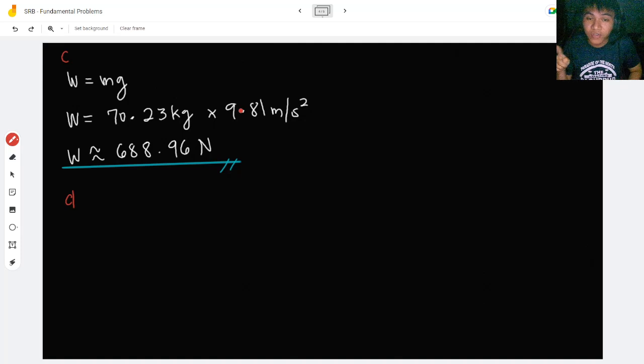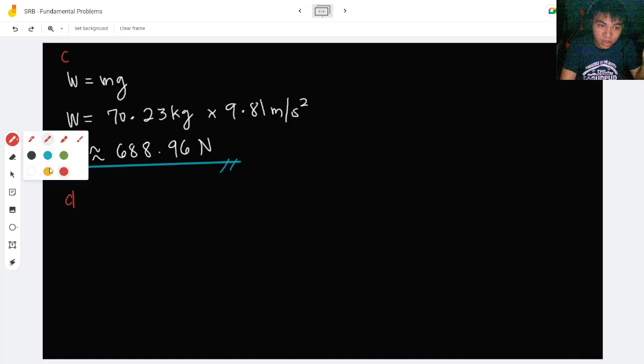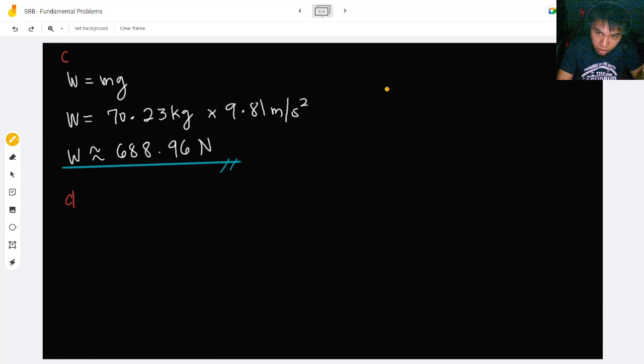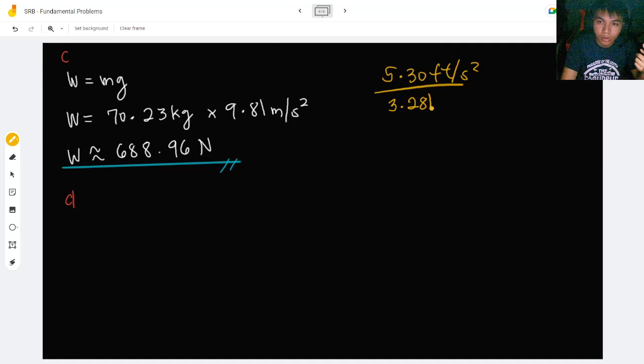If you are converting the feet per second squared into meters per second squared, this is a mistake that I actually encountered earlier as well. Let's say I had the 5.30 feet per second squared, and I tried to divide it by 3.28 feet something, but that's not really correct since you don't have the per second squared value to cancel.